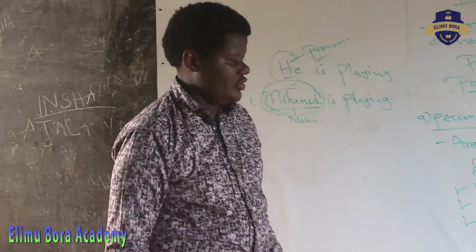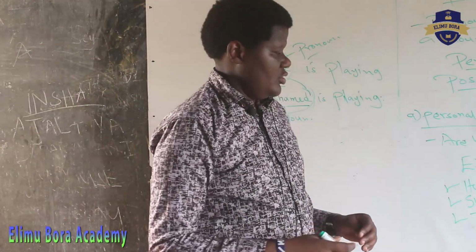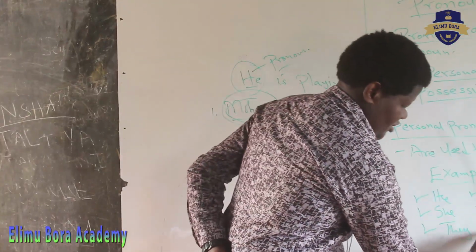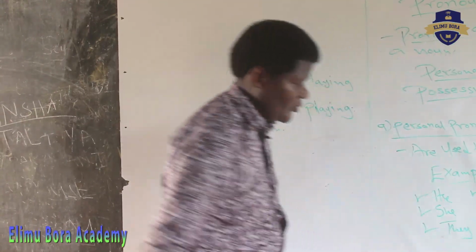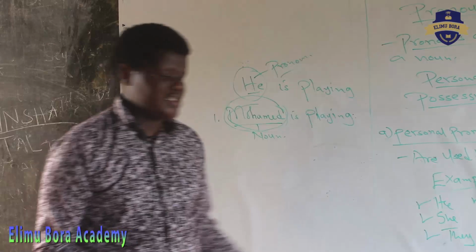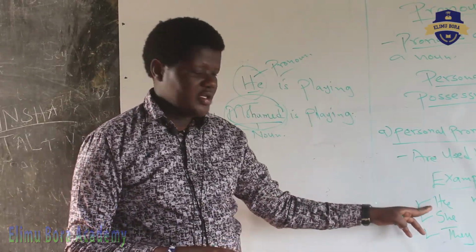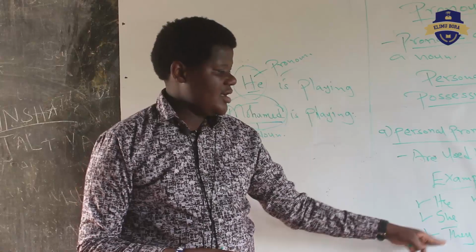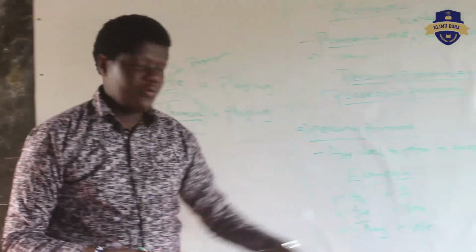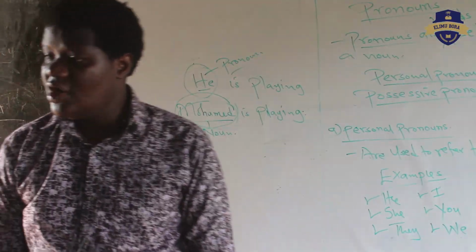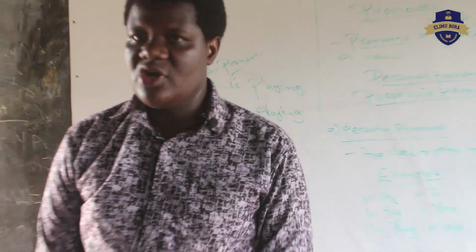Yeah, so we have those now. You can even talk about we. So there are many, by the way. These are just examples. So he, she, they, I, you, and we are examples of personal pronouns.